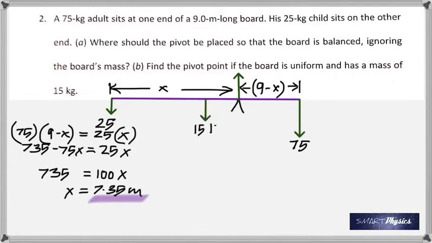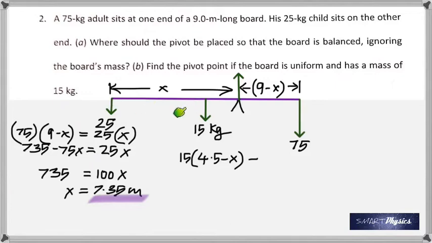In the B part, you have to consider the mass of the board, which is 15 kilograms, and it says the board is uniform. Do you see that? If it is uniform, then surely its mass is acting right down through its center. So now, it's going to be 15 times 4.5 minus x. Where did I get that 4.5 from? Because it's right at the center.